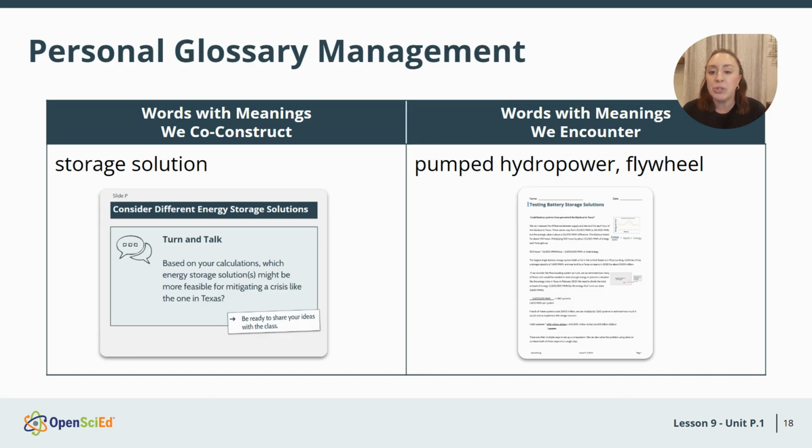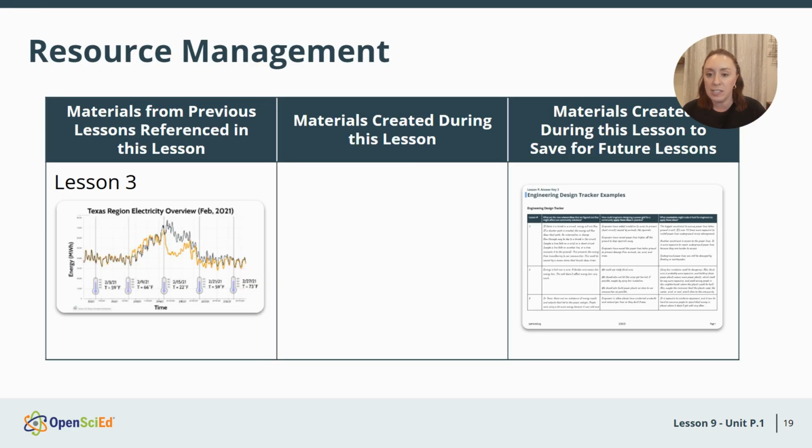In terms of personal glossary, we co-construct and add together this term storage solution to our glossaries, where we really figure this out through the mathematical calculations we do. And then words that we encounter but we don't need to add to our glossary are terms like pumped hydropower or flywheel, which again come up as we investigate and calculate other energy design storage solutions.